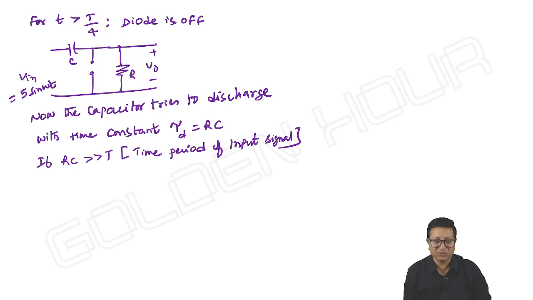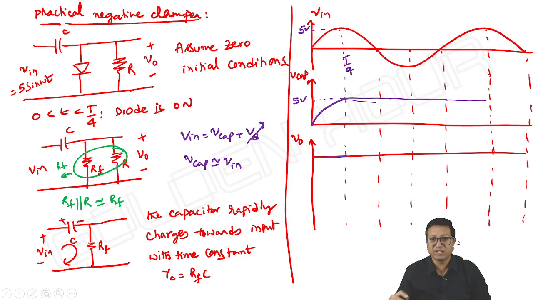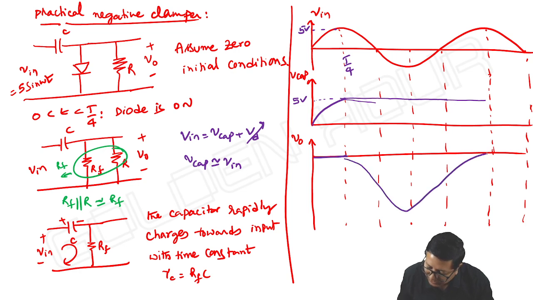As the time constant is very large, the capacitor is discharging very slowly, so that the capacitor voltage almost appears like 5 volts only. So what is our output? Output is almost equal to V input minus V capacitor, that is 5 sin omega t minus 5. It also does not change its shape.